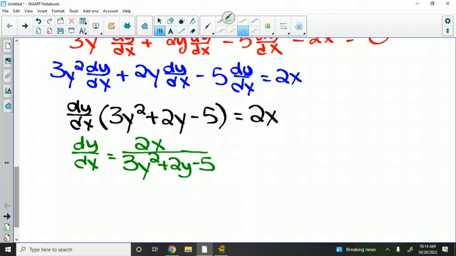And at any moment in time, that represents my slope. Pretty cool. It's really a bunch of algebra is what it is. Once you get the fact that every time you derive a y, you put that dy dx, then the rest of it, we're just solving for dy dx like you would have solved for x in algebra.